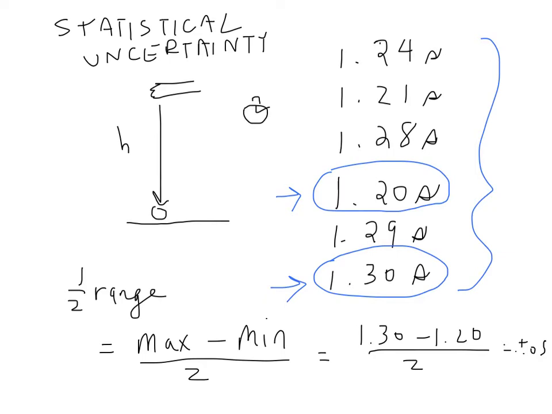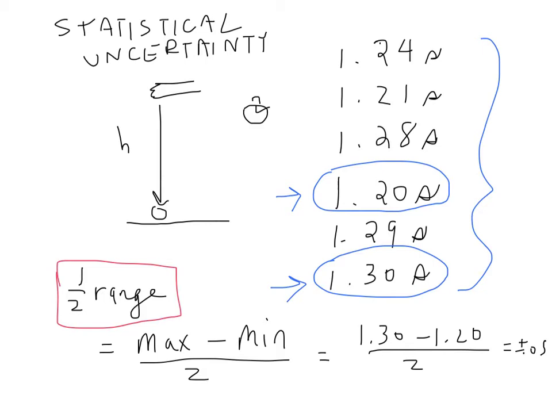And we evaluate how big that uncertainty is by repeating a measurement and looking at half the range. So this is another way we can evaluate uncertainty, by repeating a measurement and looking at the range or the distribution of values that we write down, that we record.